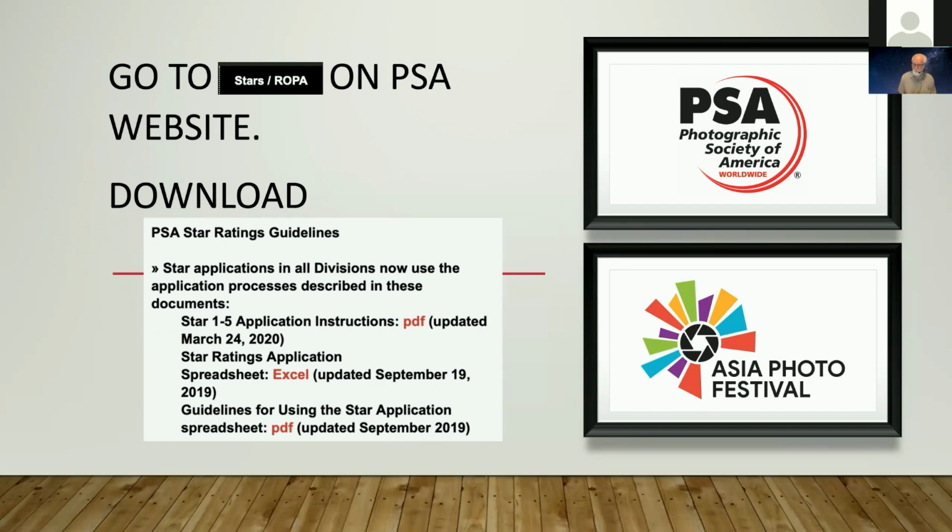And also if you are familiar with using spreadsheets, but not Excel spreadsheets, some other type of spreadsheet, there's information in these guidelines that will help you to get your application in a form that's acceptable to PSA. So download the spreadsheets and the instructions. And if you have any questions about those, you have to ask some specific questions of people in PSA to clear that up so that you know exactly what you're doing.